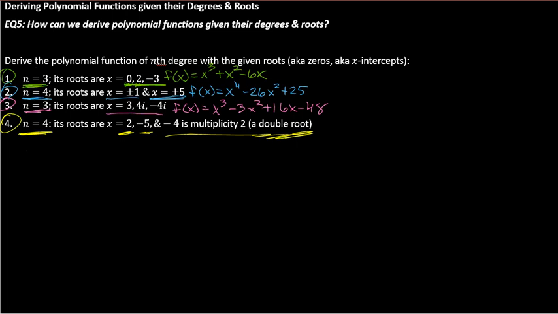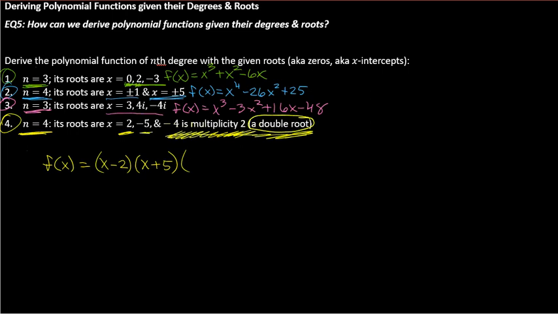So fourth degree, so f of x is going to be equal to x minus 2 times x plus 5 times, so what does this mean? -4 is multiplicity 2, right? Well, what that means is that it's a double root.